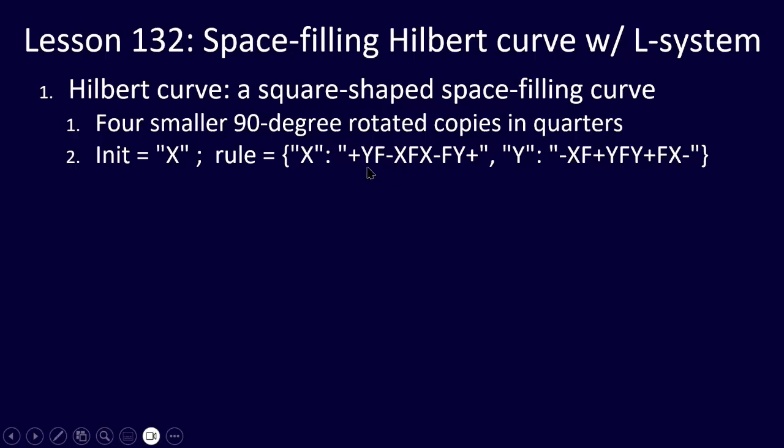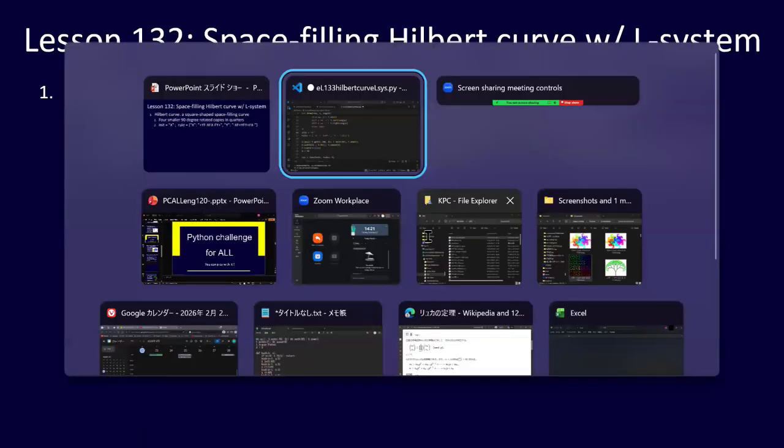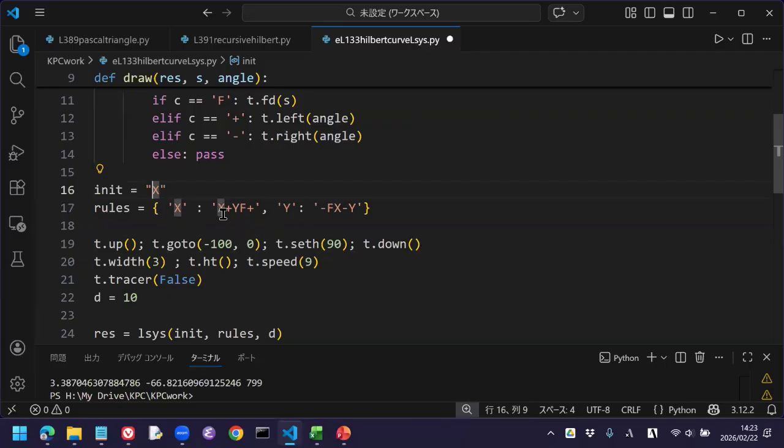Strangely, there are many pluses, three f's, and x and y. So just follow me. X goes to, just delete this, and write plus y f minus x f x minus f y plus. Strange shape, but it works.